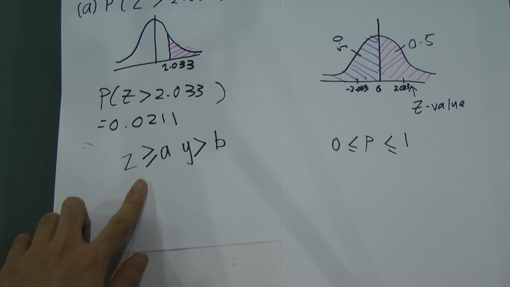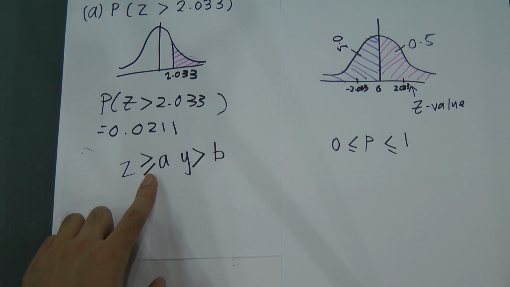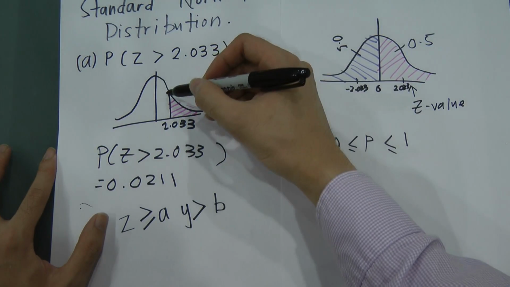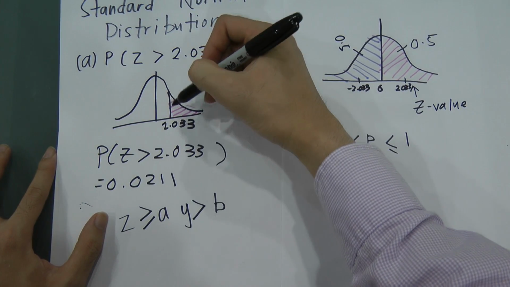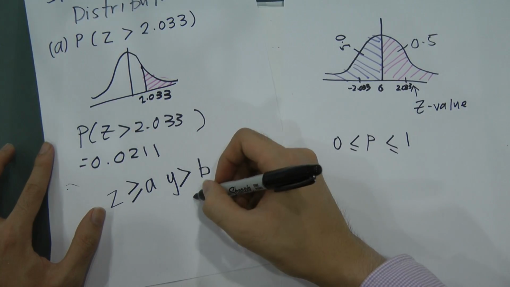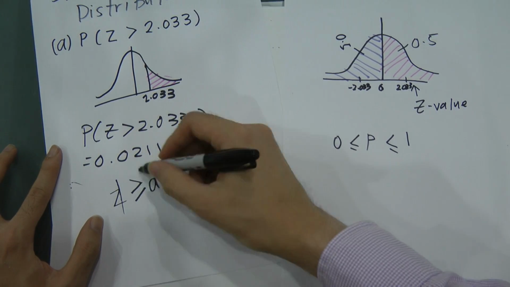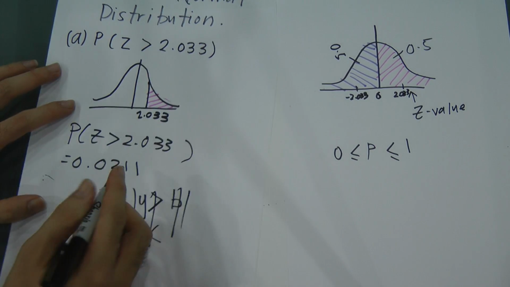In this chapter, bigger and bigger-or-equal make no difference. So you will never see me draw a dashed line here, because this one has no equal. I will still draw a full line. So in this chapter, only bigger and smaller have a difference. This is something you have to remember.